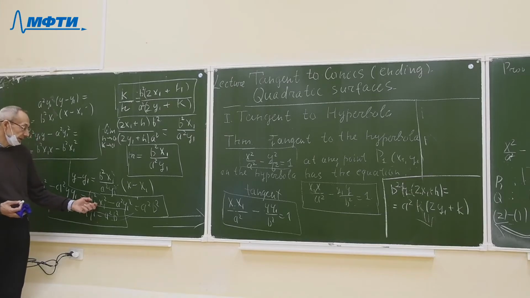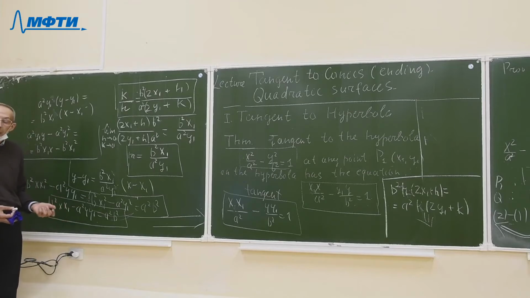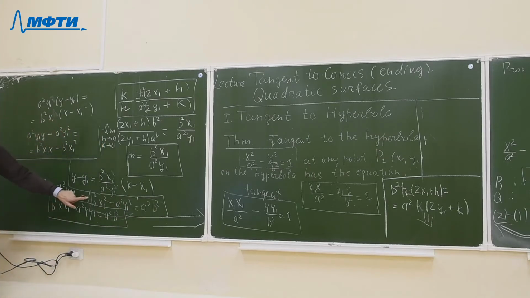And we use the fact that the coordinates of point P1, which are x1 and y1, satisfy the equation of the hyperbola. And this is exactly the equation of the hyperbola.